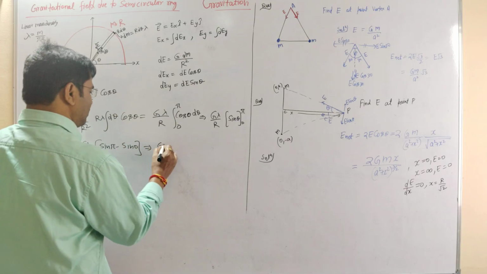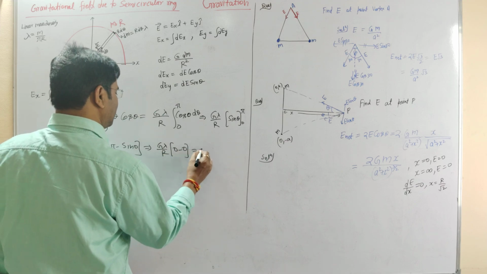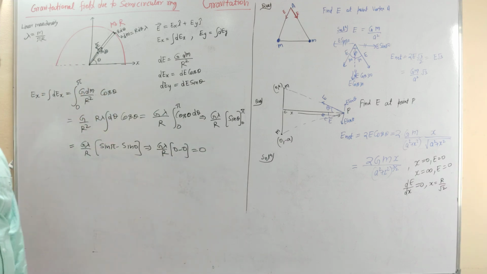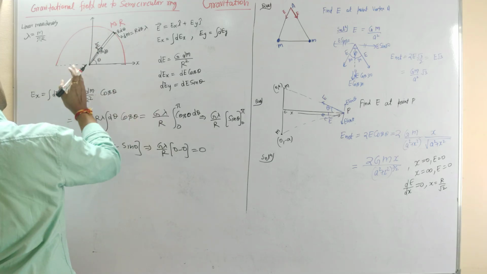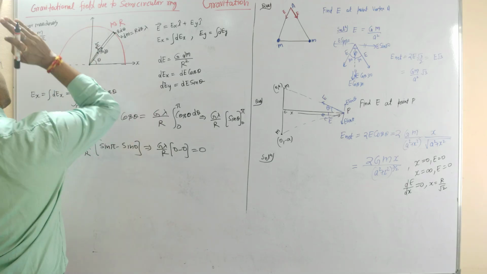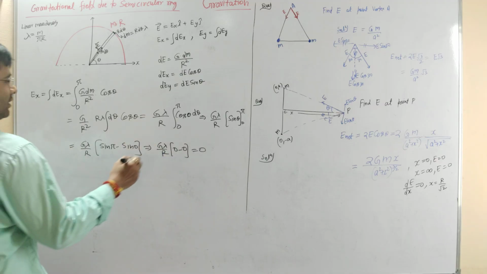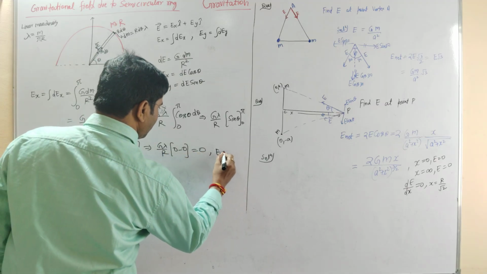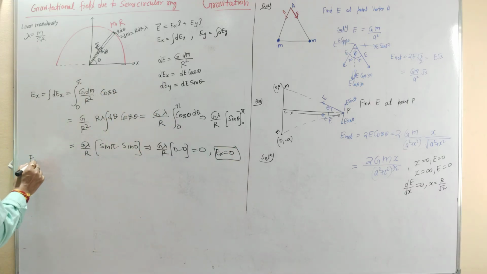Sin 0 is also 0. So I am getting 0 minus 0, which is 0. So the gravitational field along the x direction is 0. That means for a semicircular ring, the gravitational field will be only along Ey. Ex is 0. One conclusion: Ex is 0. Now let me calculate Ey.